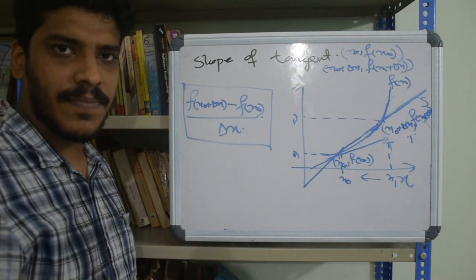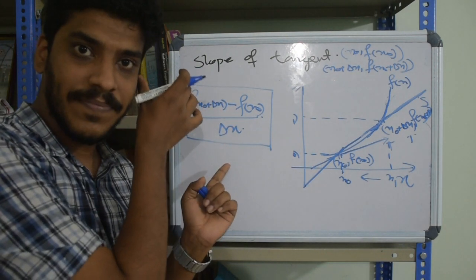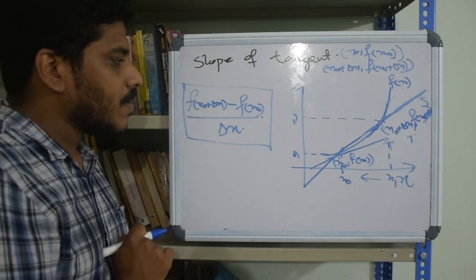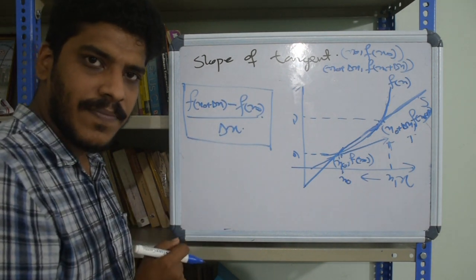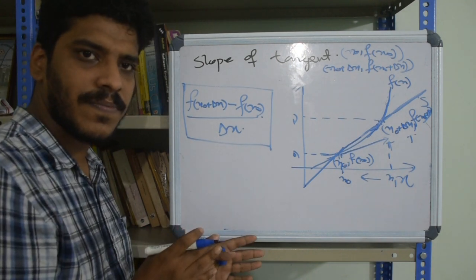Right. This is nothing but the same formula we have seen in the other case of velocity. So, to make x0 and delta x arbitrarily closer, we have to assume that delta x is very small.